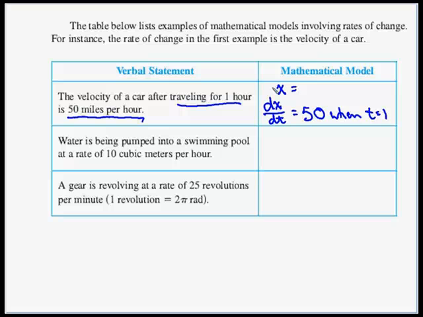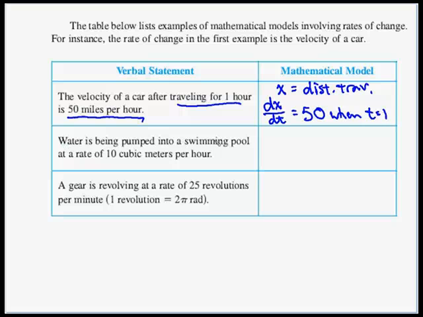If we have dx dt, what does the original x stand for? Well, that's just our distance traveled. Oops, that looks like an R, it's supposed to be a V. Distance traveled. So x is our distance traveled. The rate of change in that, the derivative of x with respect to t, is 50 at this point in time, when t is 1.